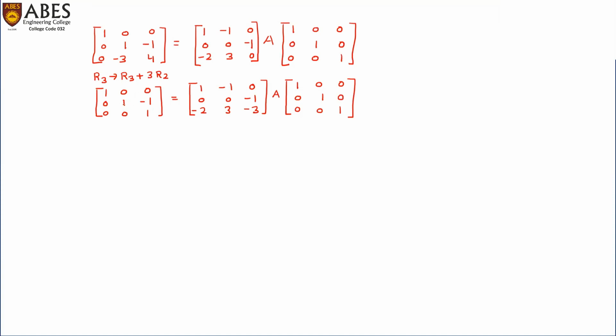Next, with the help of this element, making this element 0: C3 is replaced by C3 plus C2. Here we apply the column transformation, so we change the post matrix.